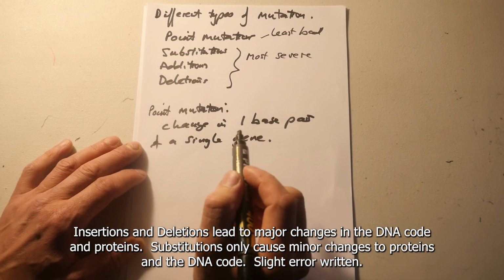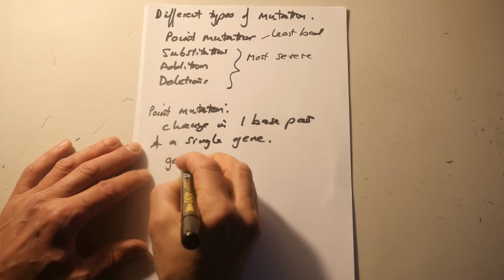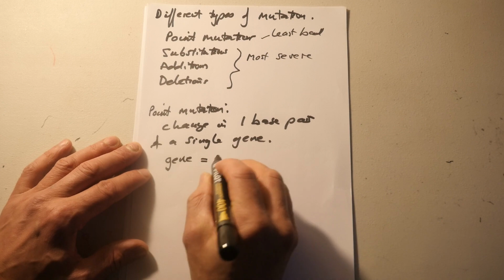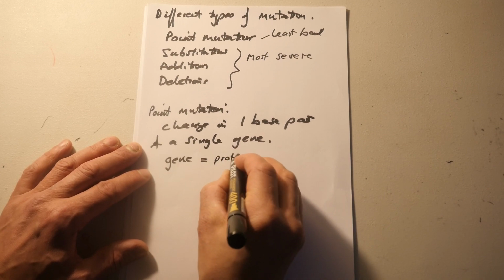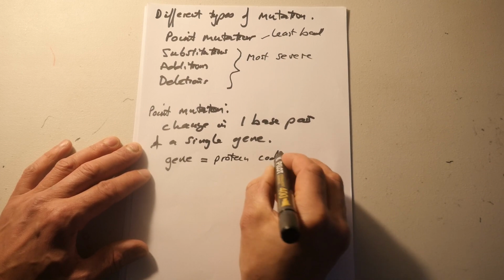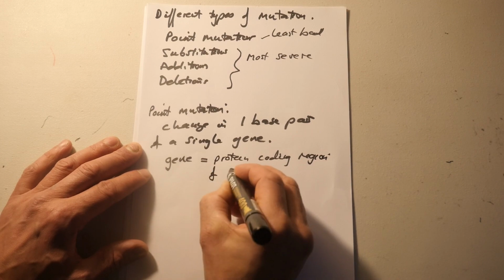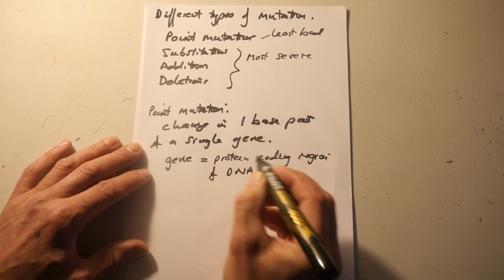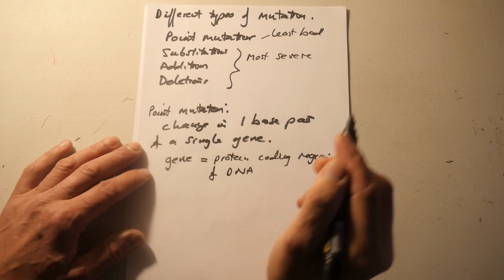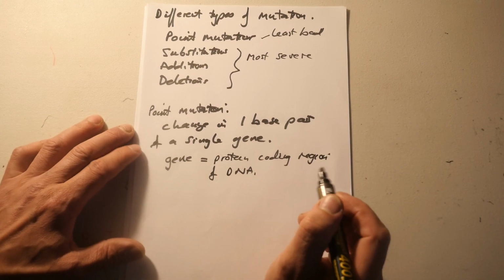So it occurs in a gene, by the way, which basically equals a piece of DNA. It can also include RNA as well, but for this course we're going to deal with DNA only, okay?